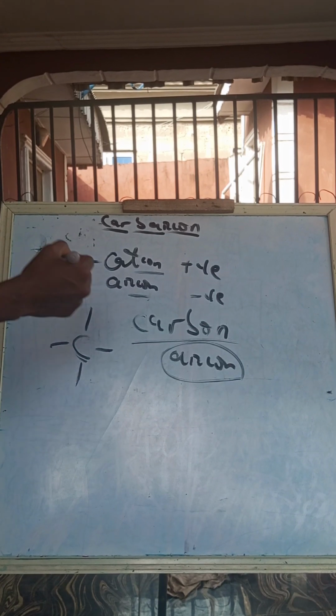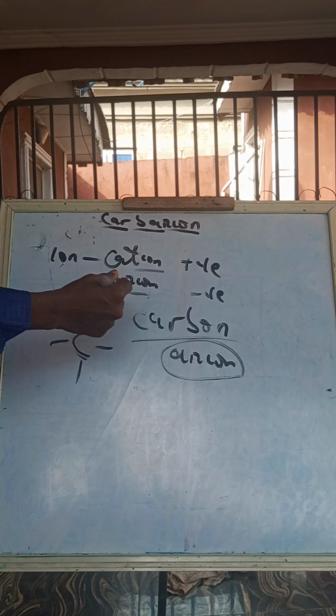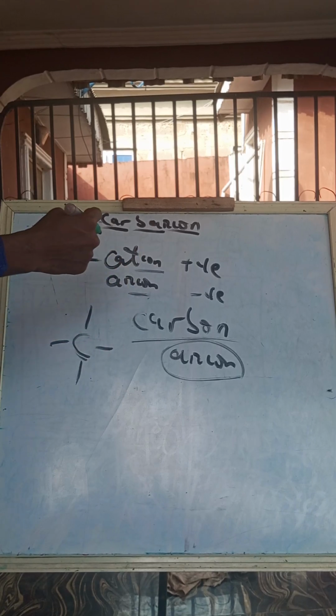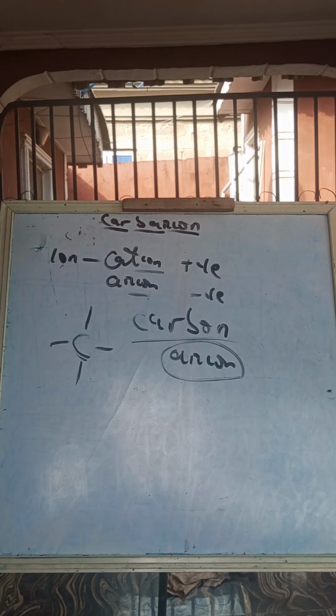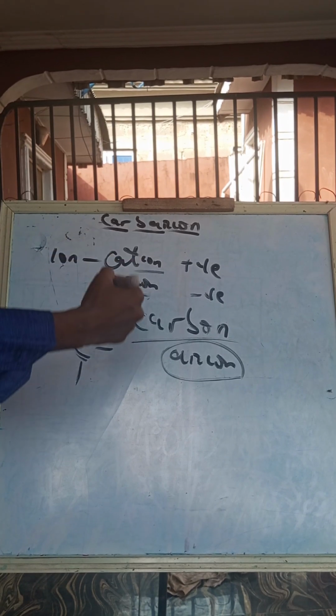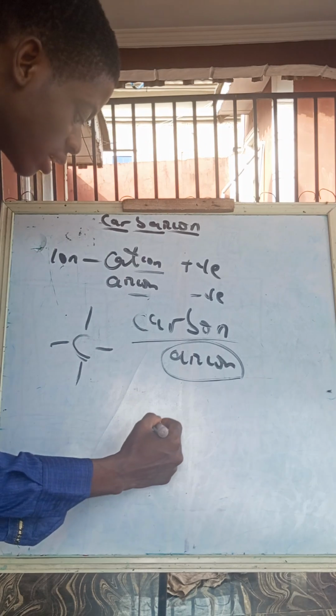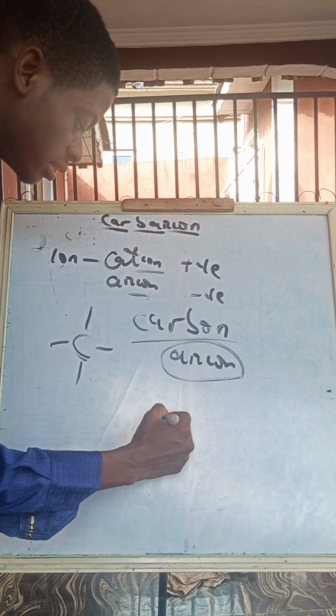In simple terms, we can say carbanion is a carbon with a net negative charge. Carbanion is a carbon with a negatively charged.